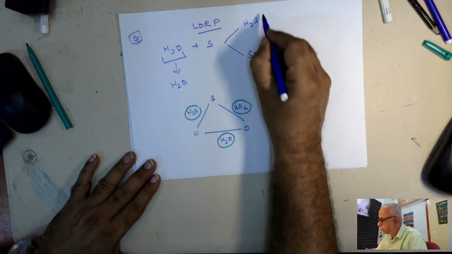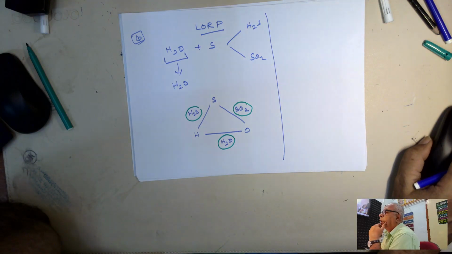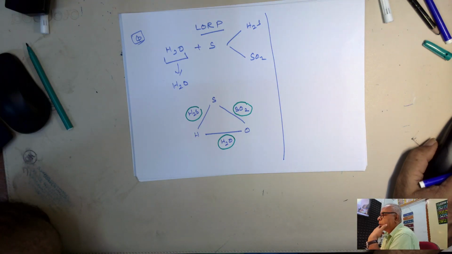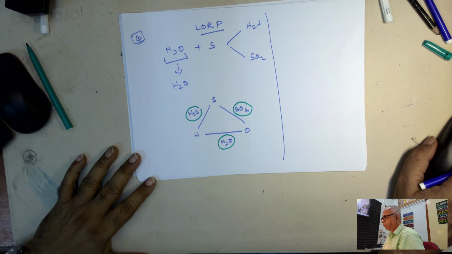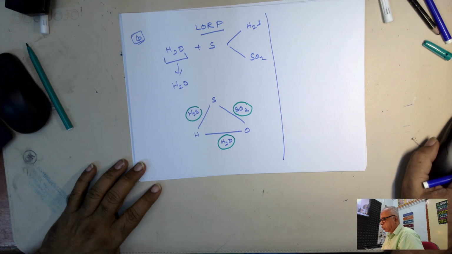Now listen. Let us go one by one. The law of reciprocal proportion, and this is the best illustration. Now listen. In this, what is the ratio of hydrogen to sulfur based on atomic weight?